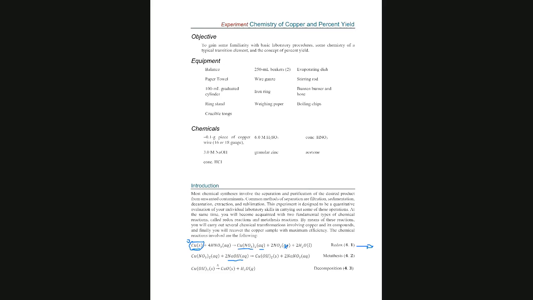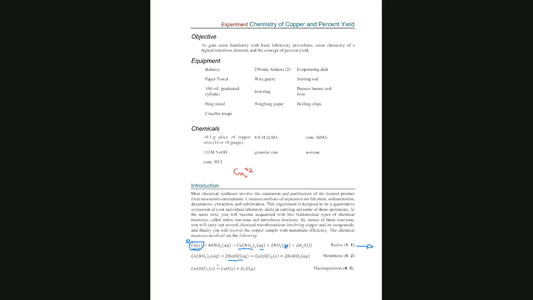And what is the oxidation state of the copper in this compound, in copper nitrate? Well, we know that if we add all the oxidation states of a neutral compound, exactly, very good, Douglas, thank you, it is +2. So we know that the copper has an oxidation state of +2.